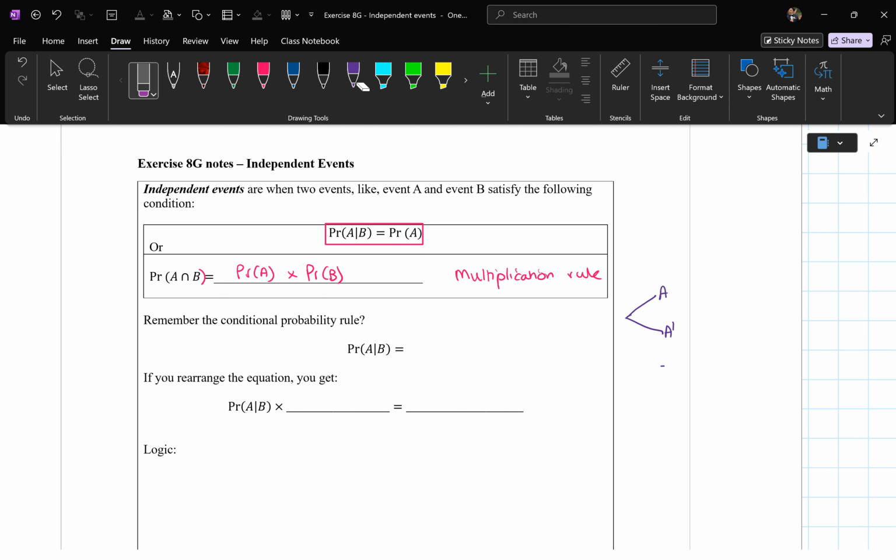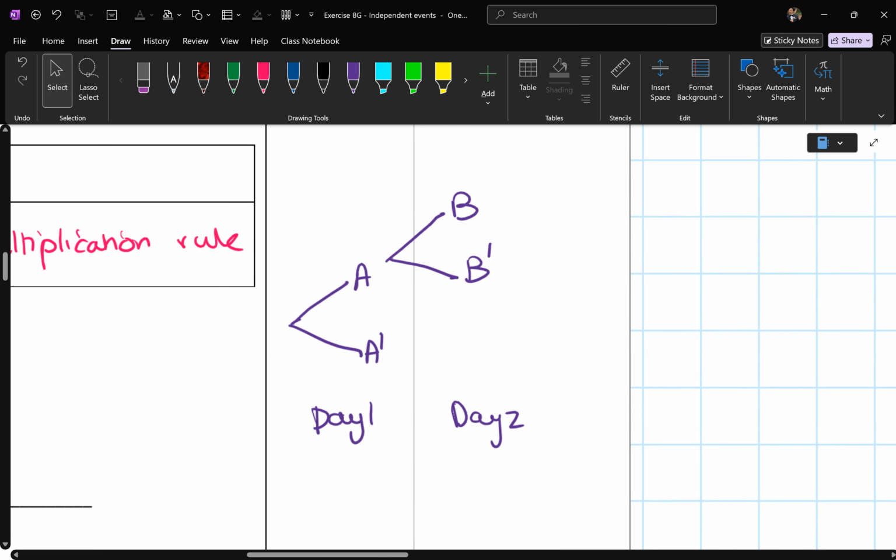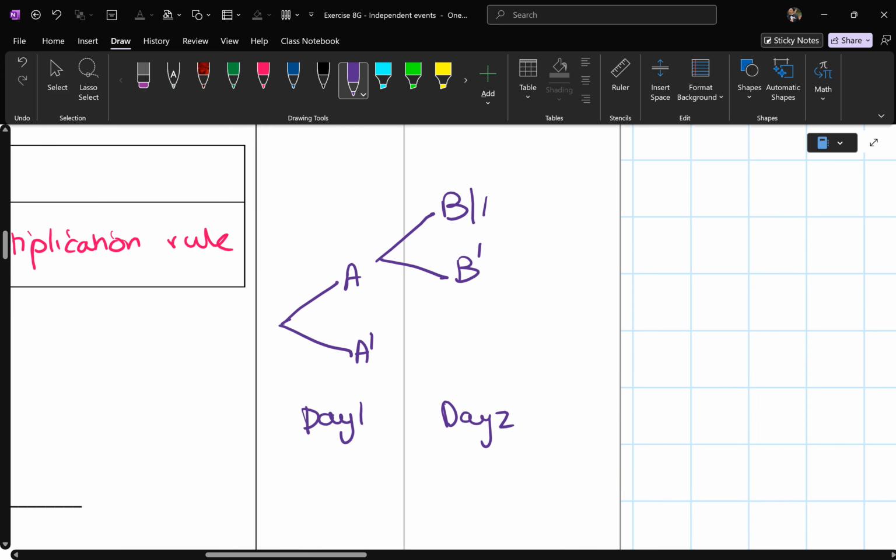Then on day 2, so let's go day 1, day 2, again, either something happens or it doesn't happen. But notice here that it's not just B, it's actually B given that A had occurred first, because that's what this branch represents.